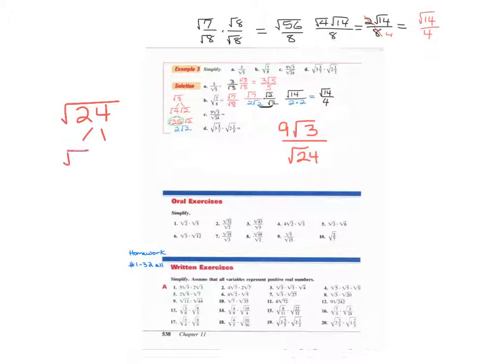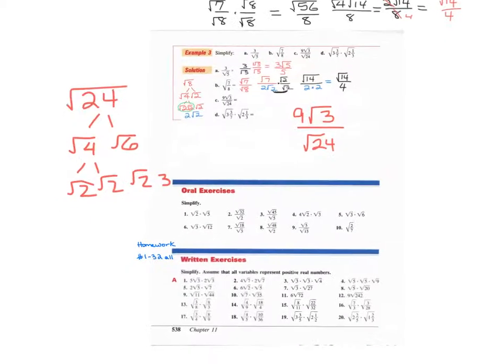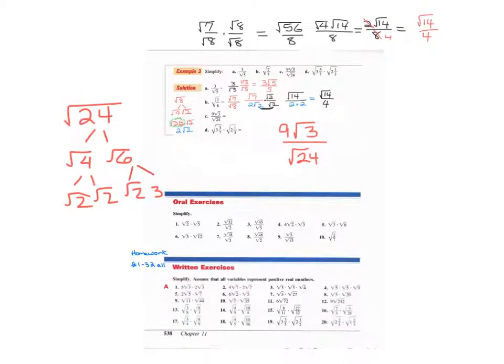And I can get square root 4 times square root 6, square root 2, 2, 2, and 3. I got a pair of 2's, so a 2 will come out. No pairs, so multiply them back. So I could go ahead and simplify the 24 into 2 square root 6.